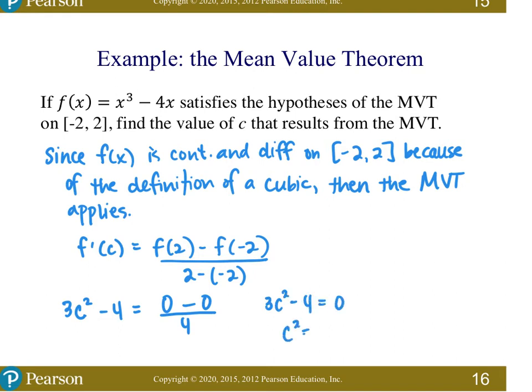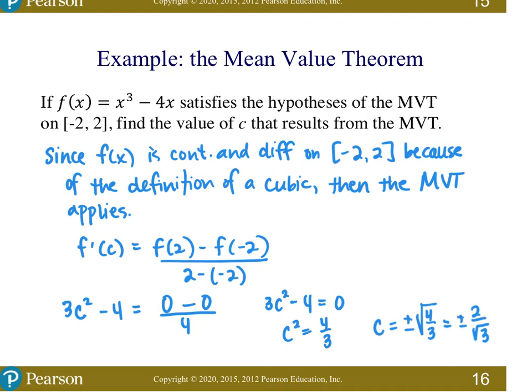So c squared must be equal to the fraction 4/3, which means c is plus or minus the square root of the fraction 4/3, which is better written as 2 over rad 3 plus or minus.